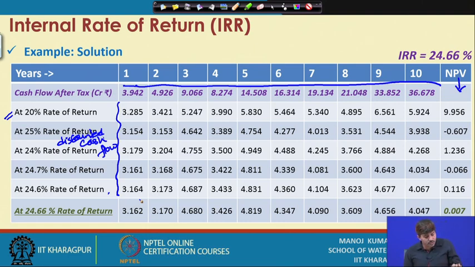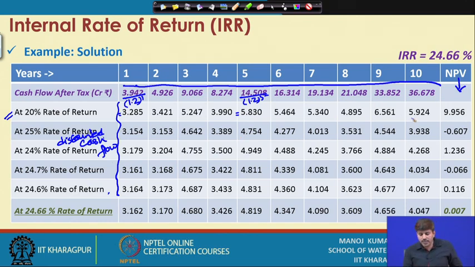When we take the 20% rate of return, the discounted cash flow, for example for year 1, is divided by 1.2 to the power 1, which gives this value. Similarly, for year 5, this divided by 1.2 to the power 5 will make this value.